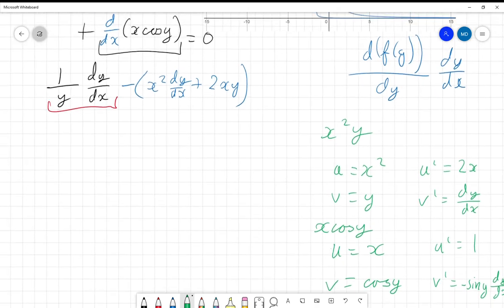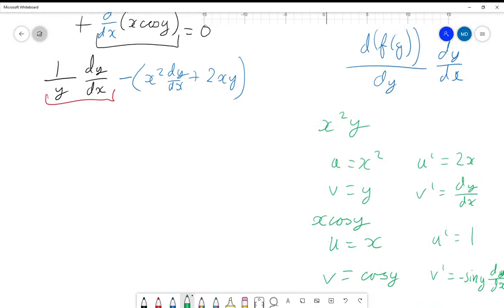And we're going to get, therefore, that this is going to be minus x sine y dy by dx plus 1 times cosine y. And that, of course, all equals 0.